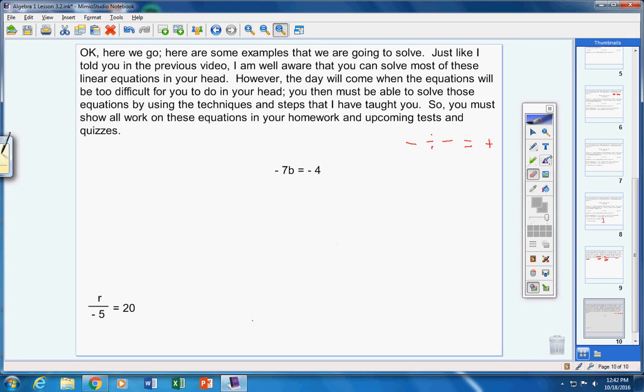Now let's see if we got the right answer, shall we? Here we go. I have a b right here, so I have negative 7 times 4 sevenths equals negative 4. Let's see if that's right, shall we? Let's work this out and see what we get. First of all, put your 7 over 1 times 4 over 7. You have a negative fraction times a positive fraction.